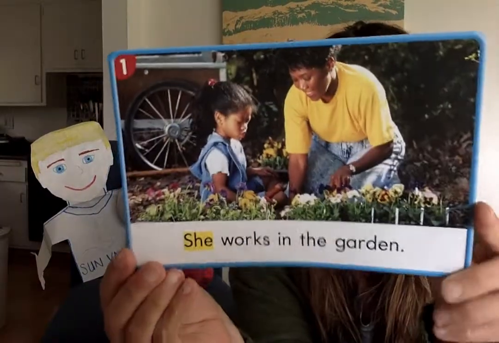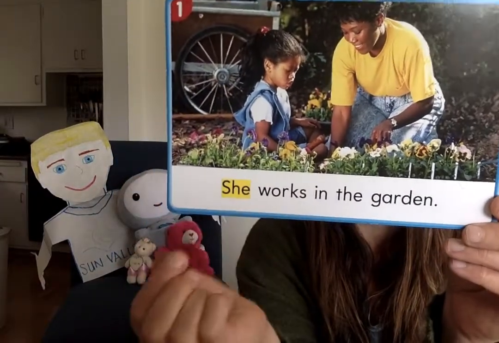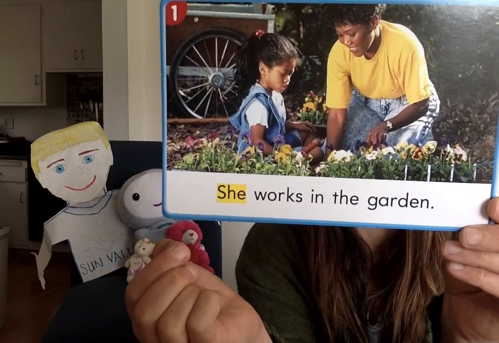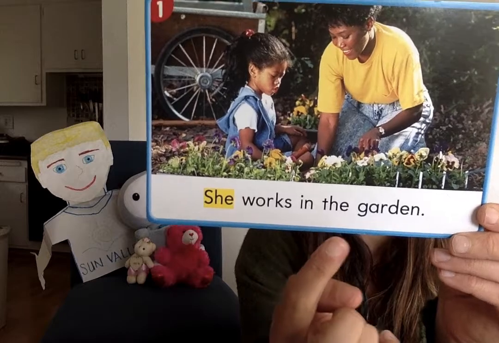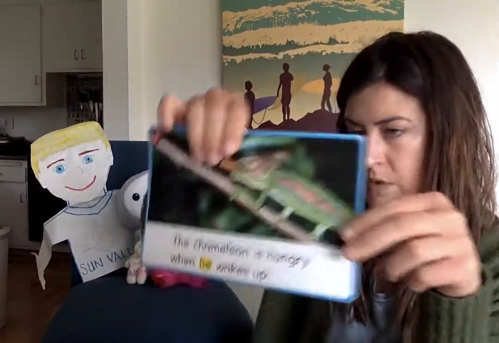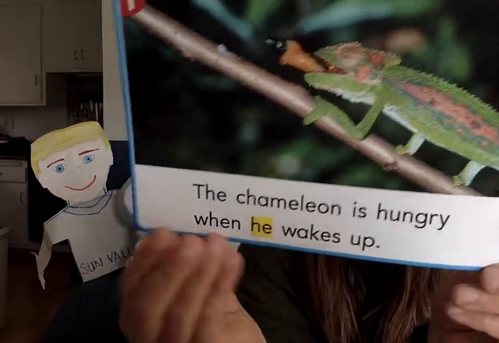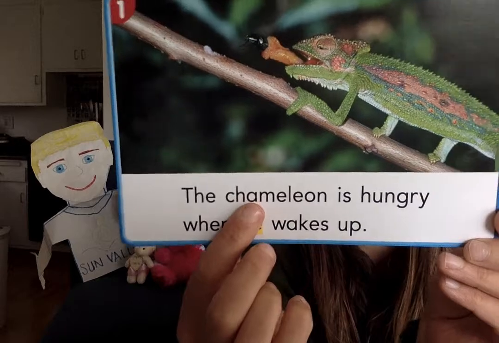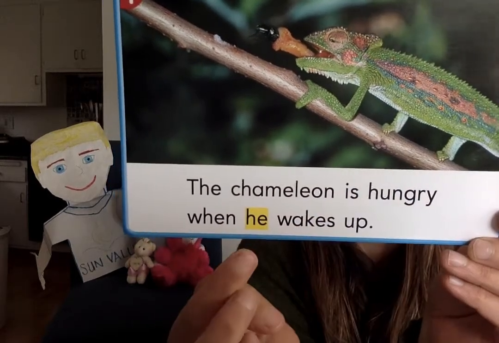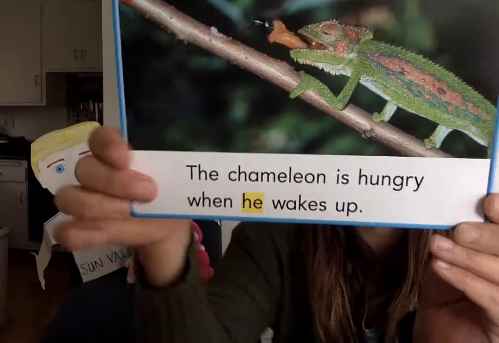What's the snap word? She. Okay, you read the snap word with me. She works in the garden. What's the snap word? Look for the yellow one. 2 letters. H-E spells he. The chameleon is hungry when he wakes up.